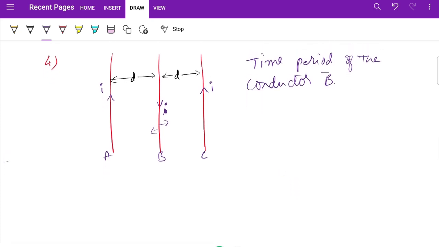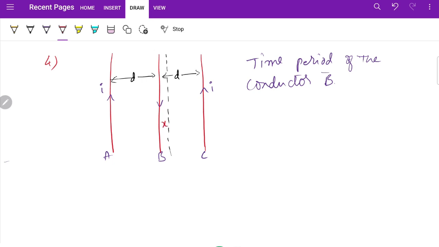Now initially let us see that. Because of A, let us consider B is slightly displaced by a distance x. Okay. So let us say this is x.